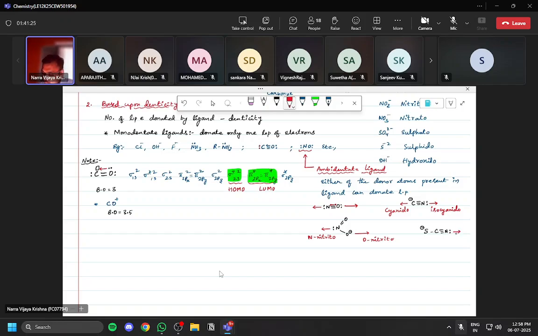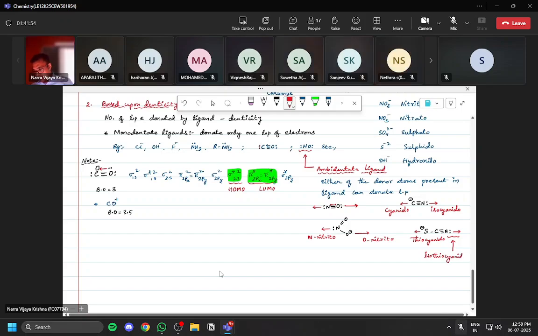If nitrogen is the donor or sulfur is the donor: with sulfur, thiocyanato; in this case, isothiocyanato. See the names in the nomenclature table, the list is there. All these are ambidentate ligands.